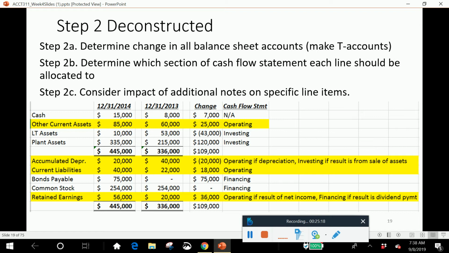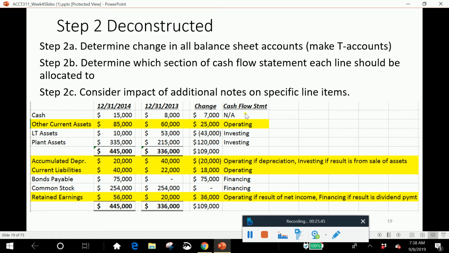So, if you recall earlier, I said that usually, or generally speaking, current assets and current liabilities relate to operating section activities. Long-term assets tend to be investing, and long-term liability and equity accounts tend to be financing.